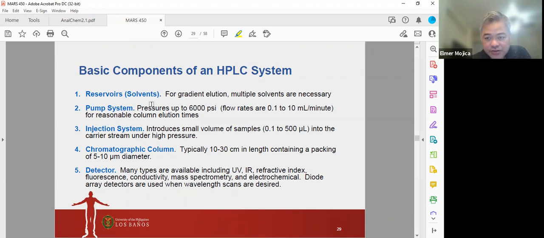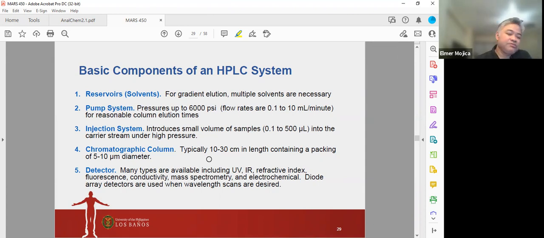So you inject your sample, okay, and once it's injected in the injector system, which introduces a small volume of sample from 0.1 to 500 microliter into the carrier stream under high pressure, the pump will push the solvents, okay, and carry your sample with the solvents to the column.